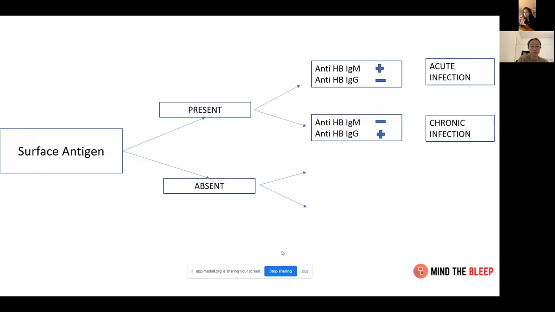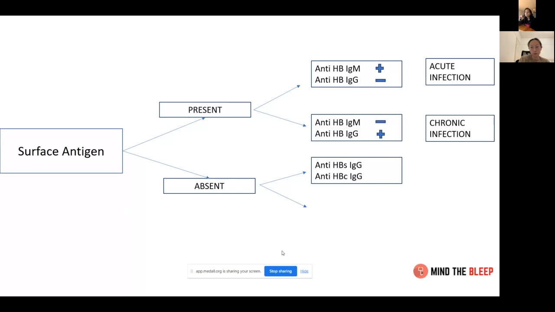If surface antigen is negative, then it's either the person has had a previous infection, so there's no more surface antigen but there might be some antibodies, or the person has been immunized before. So now you bring in whether it is surface or core. If you think of the virus as two concentric circles, the core and the surface, the virus has to get through the surface to get into the core and replicate.